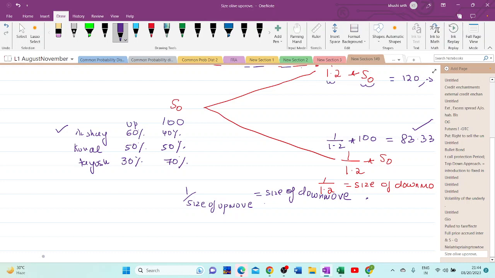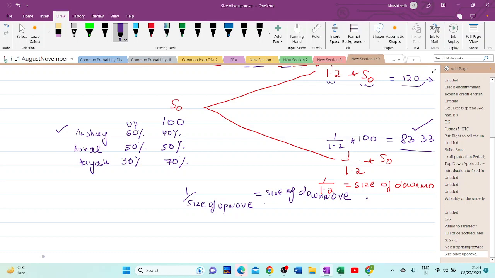But all the traders in the market agree that the price of the underlying asset will be 120 in case of an up move, or 83.33 in case of a down move, right?